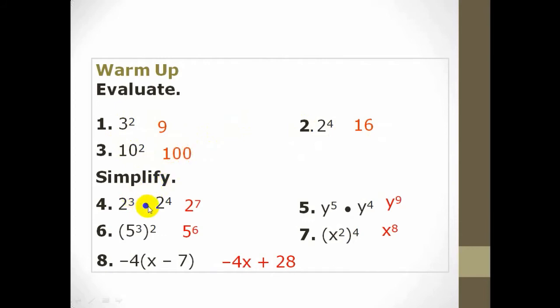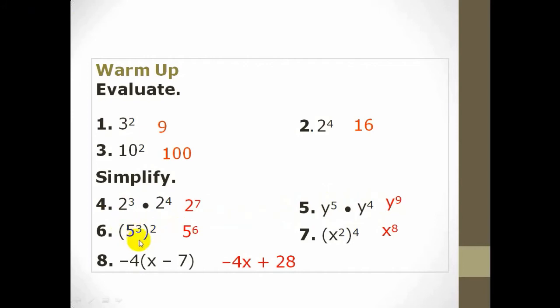Similarly, this is the product rule for exponentials. We have already discussed the product rule of exponentials: when the base is the same and the powers are different, keep the base and add the powers. So 2 power 3 multiplied by 2 power 4 is equal to 2 power 7. Similarly, y power 5 multiplied by y power 4 means y power 9.